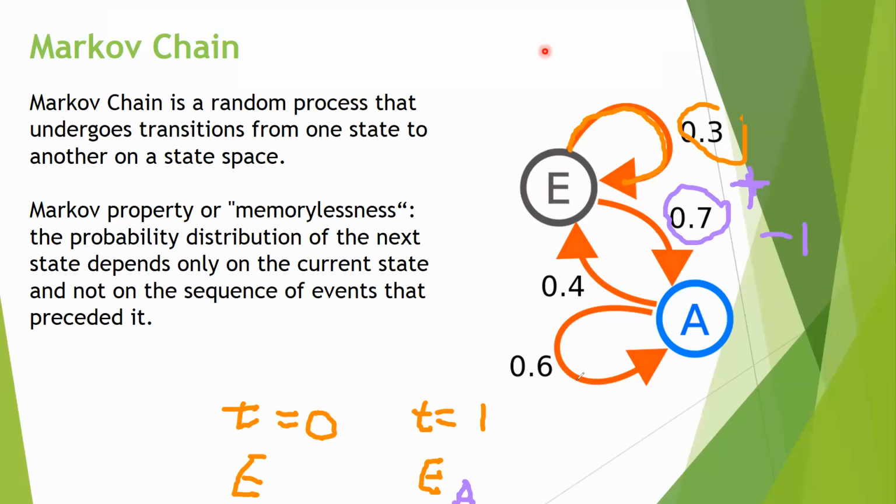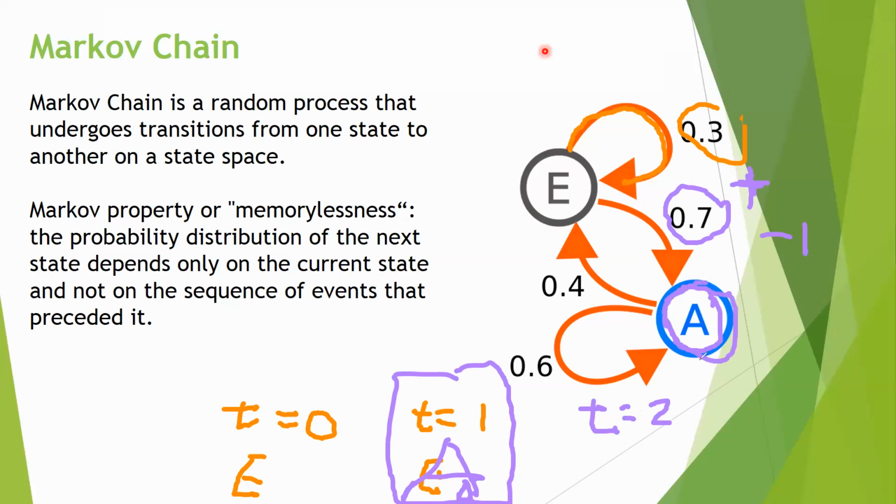All right, now suppose the realized state at t equals 1 is A. So now the current state is A. For the next time point, when t equals 2, what would be the outcome state? Again there are two possible outcomes.